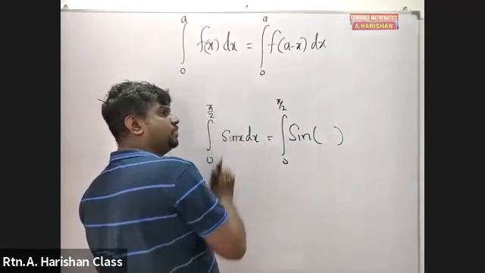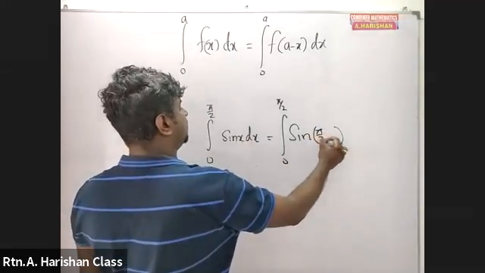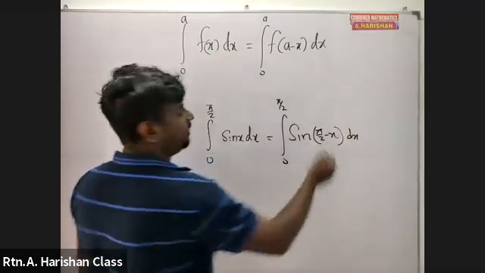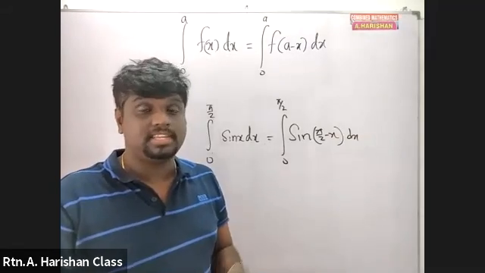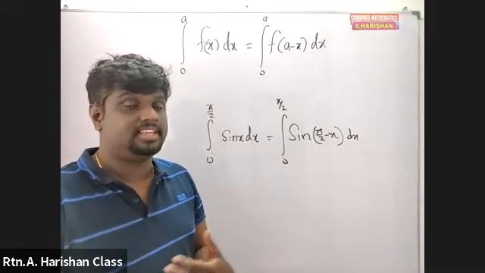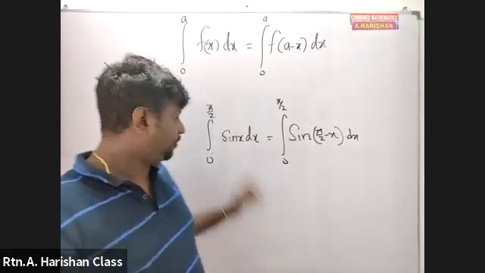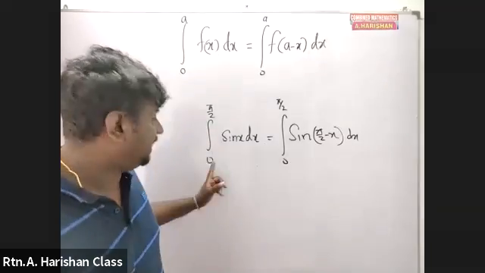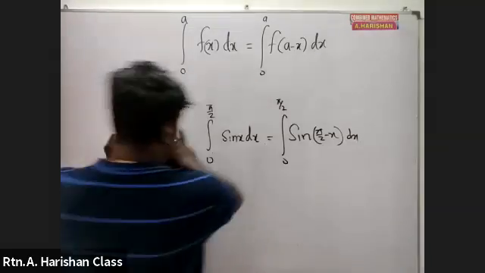Actually, pi by 2 plus 0 minus x, so that is pi by 2 minus x, which gives cos x. So that's correct. You may wonder: if you integrate sin x and if you integrate cos x, they are not the same. But if you put the limits like this, 0 to pi by 2, then they are the same.